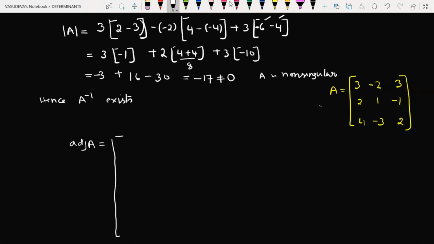So we have to write the cofactors of 3, minus 2, 3. Taking the sign of the cofactor, it is plus, and the determinant of 1, minus 1, minus 3, 2, by eliminating the first row and the first column.